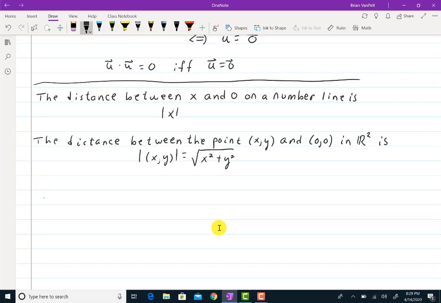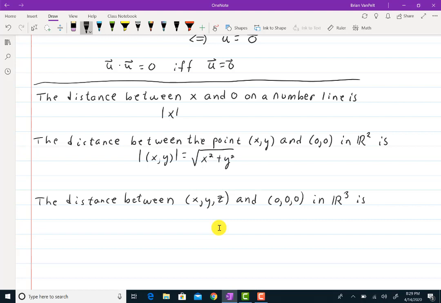And similarly, the distance between (x, y, z) and (0, 0, 0) in R3 is given by the absolute value of (x, y, z).